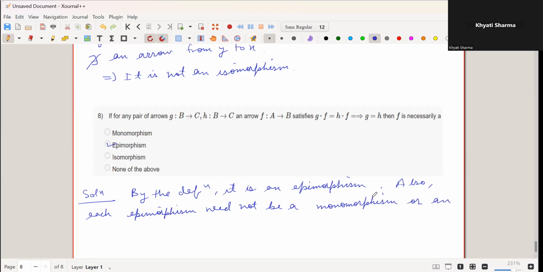If it's not a monomorphism, then it's sure that it won't be an isomorphism.